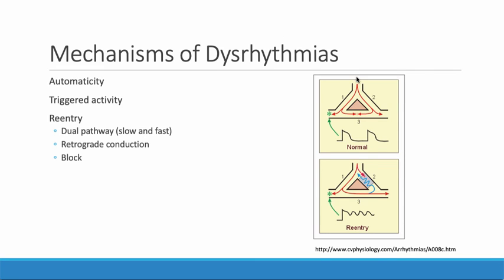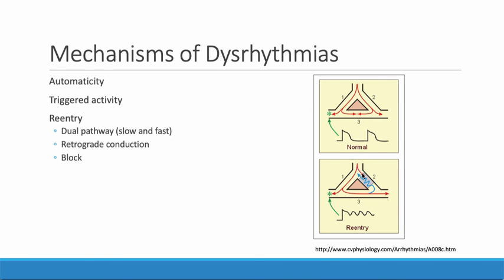Well, what happens here is that you have two pathways, pathway 1 and pathway 2. And normally it should function this way. The impulse comes down here and goes in both directions, and when it meets here in the middle, it just stops. But when you have a reentrant tachycardia, you have these dual pathways through the AV node, a fast pathway and a slow pathway shown in blue here.